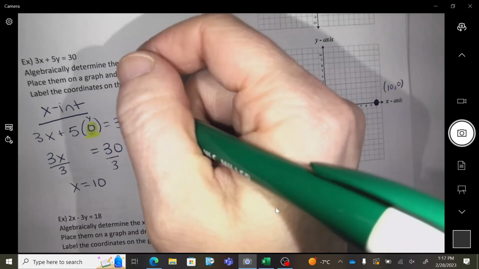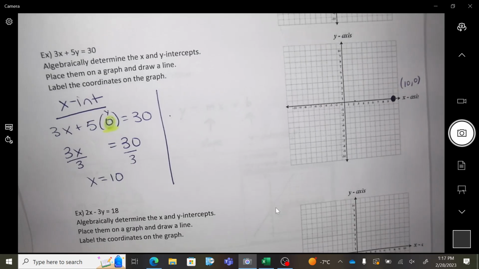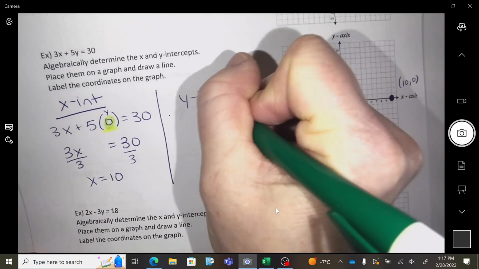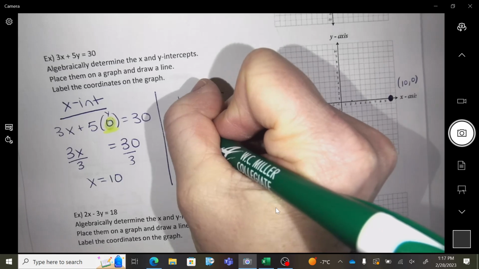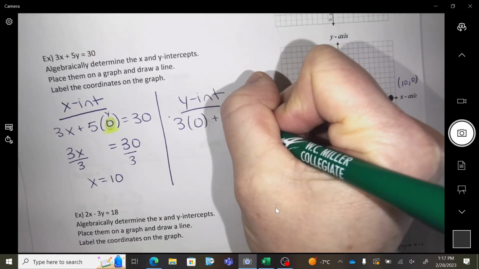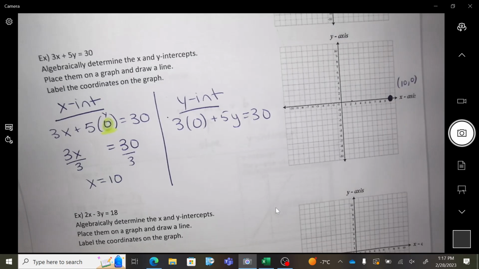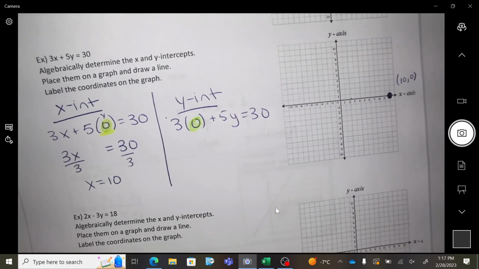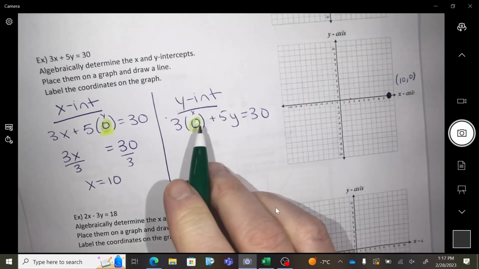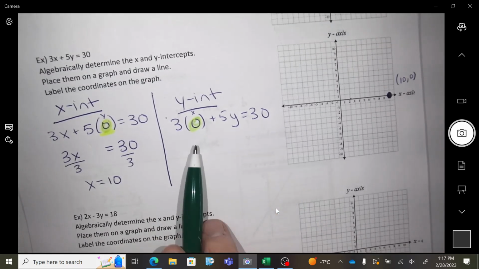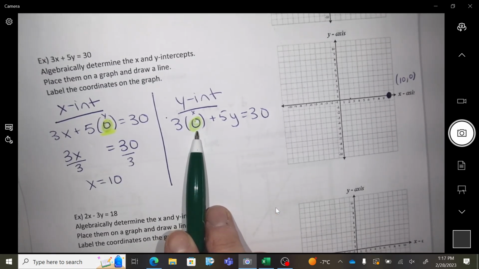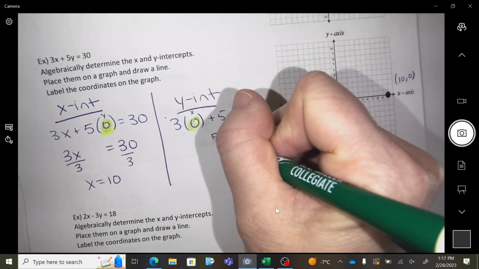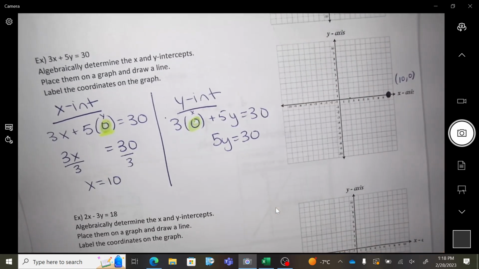Okay, now let's switch that. What is the y-intercept? So now I'm going to replace x with a 0. Okay, I've made the 0 switch. So the x got replaced with a 0. 3 times 0 is just 0, gone. So I just have the 5y then.